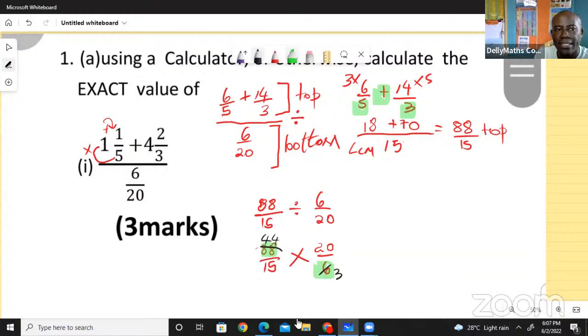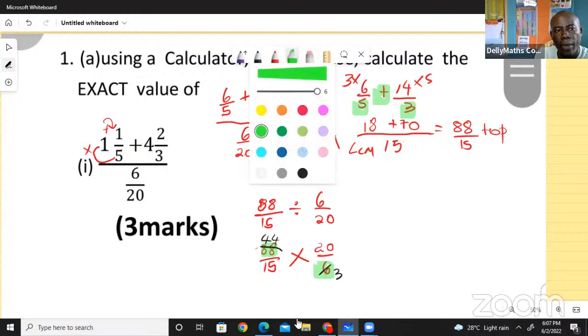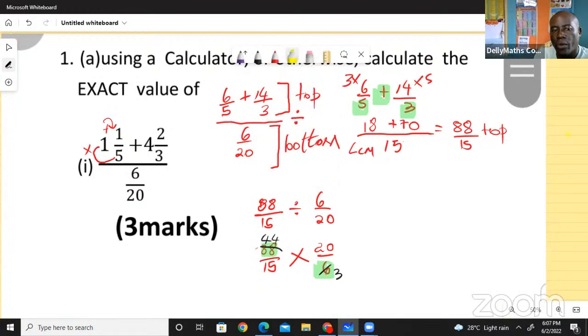I also could have canceled another way. I'm seeing something else to cancel. So when I see them, I take them. Look, I could cancel that 20 with that 15 using a 5. So I'm going to say 5 into 15, 3, and 5 into 20, 4. So right now, there is nothing else to be canceled, which means that I'm going to say 44 times 4, yes.